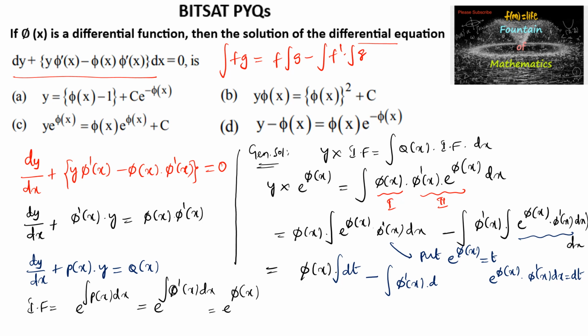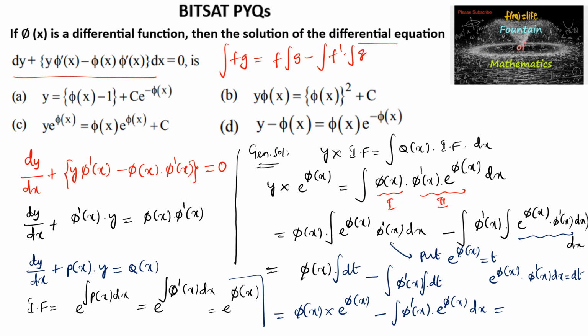So integral of dt is nothing but t. Let us write one more step, which is equal to pi of x into integration of 1 dt is t. T is nothing but e to the power pi of x, minus integral of pi dash of x into integral of 1 dt is t. T is nothing but again e to the power pi of x.